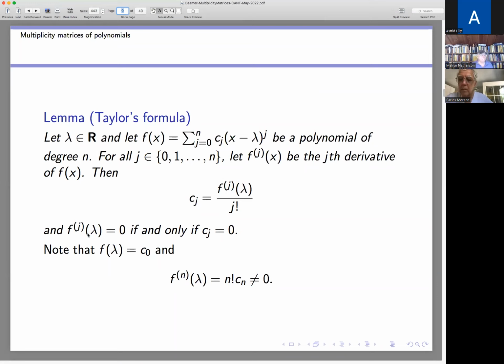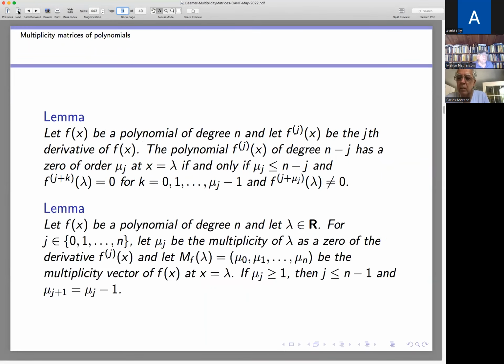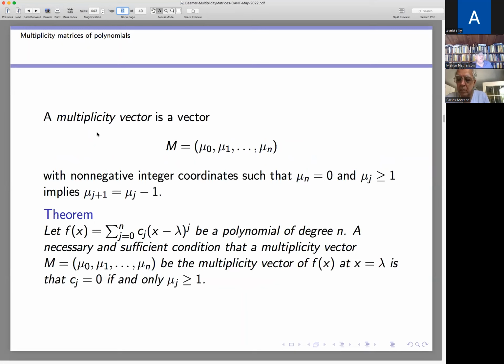So lambda is a root of the jth derivative if and only if this jth Taylor coefficient is 0. And it's also the case that the nth derivative at lambda is never 0 if you have a polynomial of degree n.